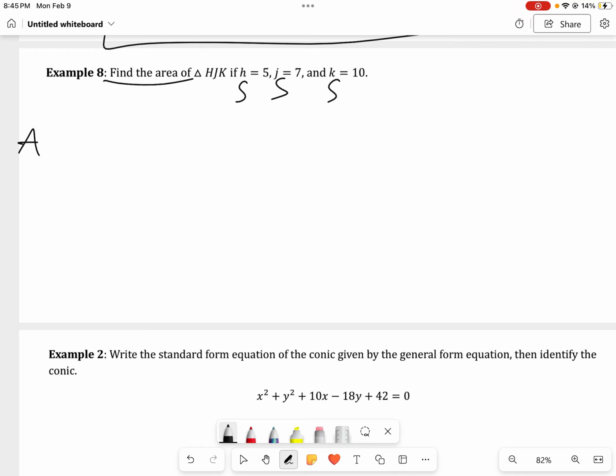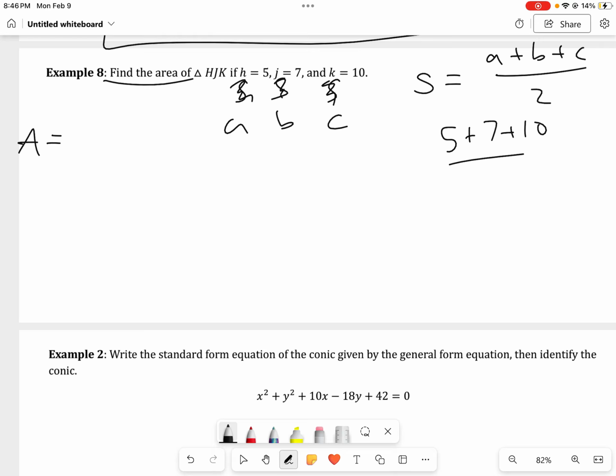We know that S is half the sum of all the sides, A, B, C. So it's going to be A plus B plus C all over 2. That's your S value, right? You do 5 plus 7 plus 10 over 2. That gives you 11. So S in this case is 11.